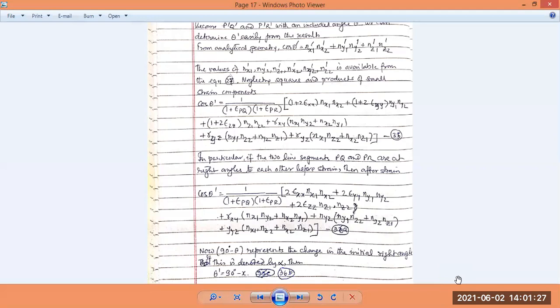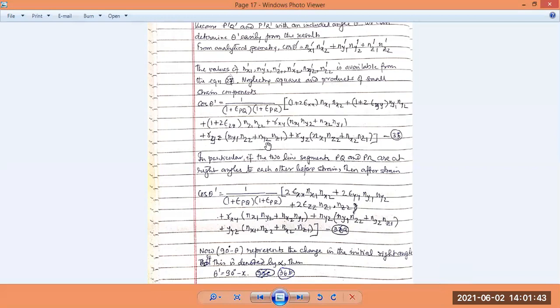Let us put them there, and we get such a big amount of multiplication. It will take this particular shape, with terms in x-axis, y-axis, z-axis, and the xy, yz, zx shear terms.